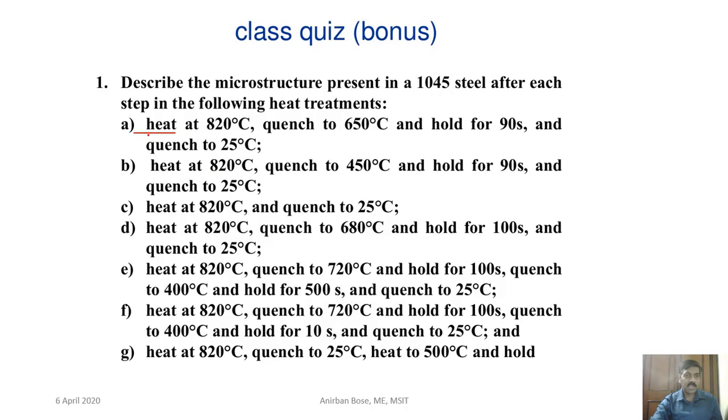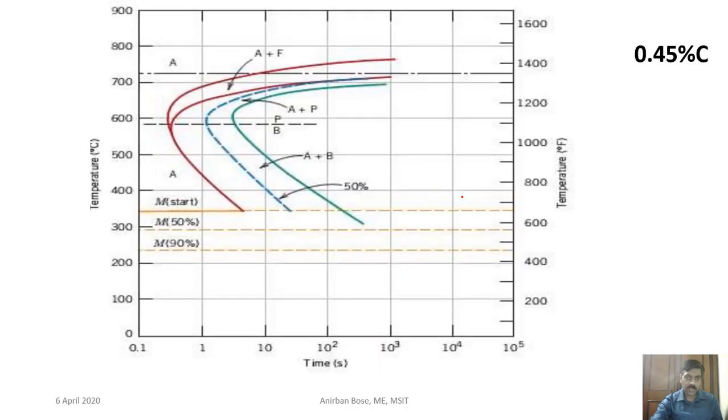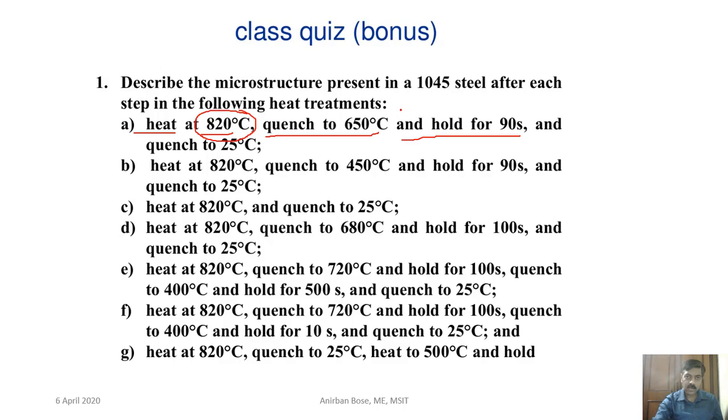Suppose you heat at 820 degrees centigrade, that means you have actually austenitized it. Now quench to 650 degrees centigrade and hold for 90 seconds. You observe in the diagram. Remember, this is not a eutectoid steel, this is 1045 steel.